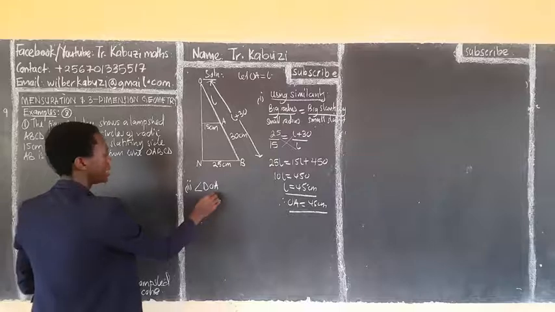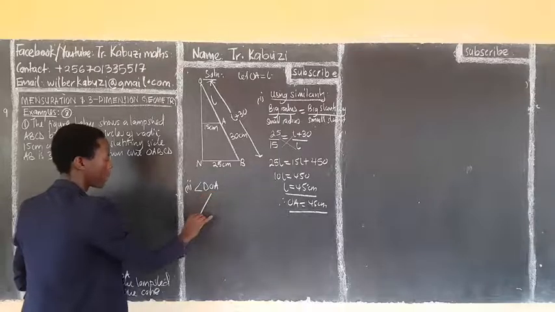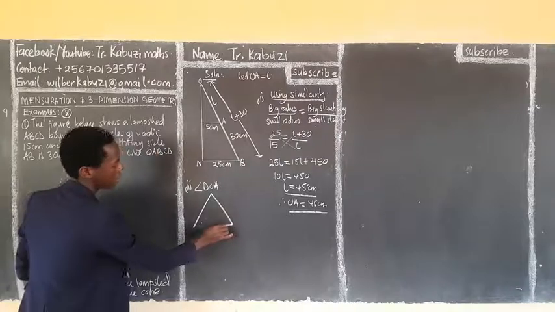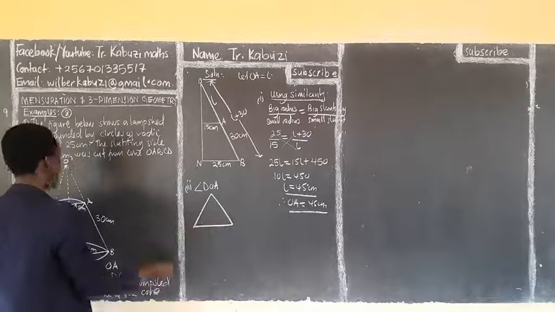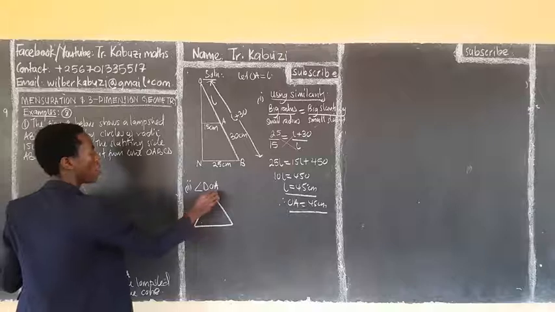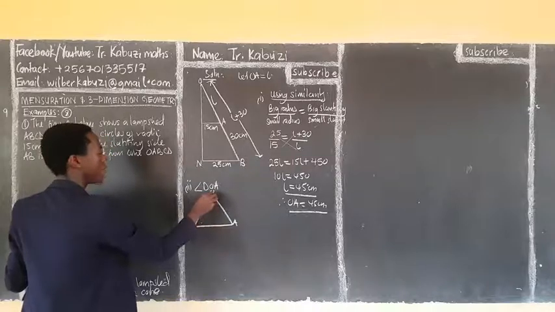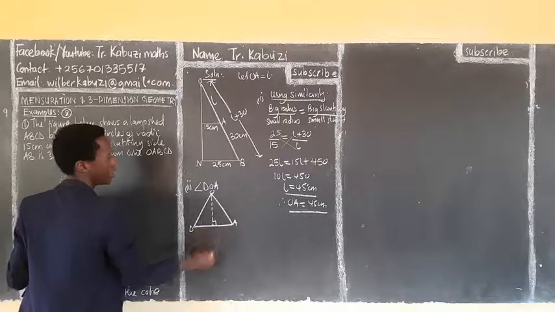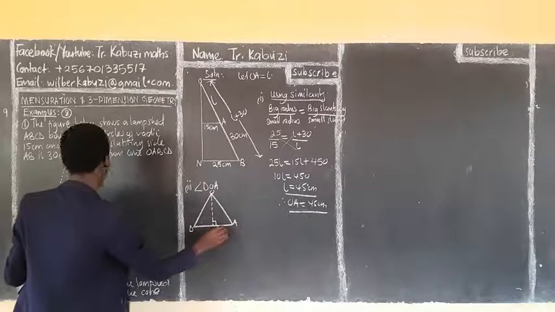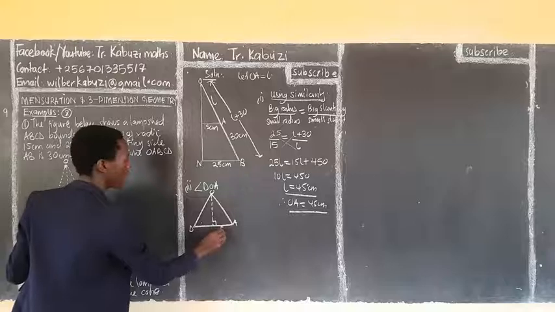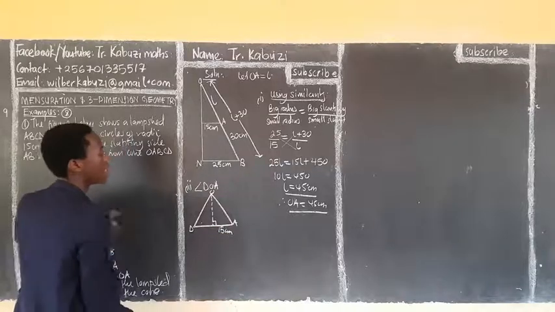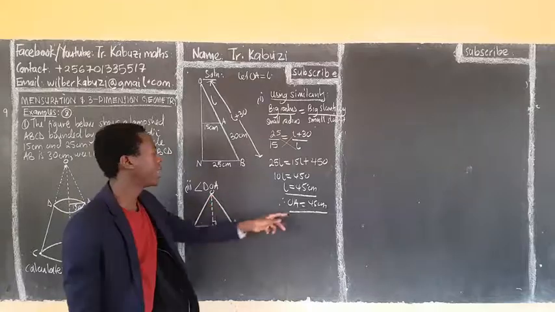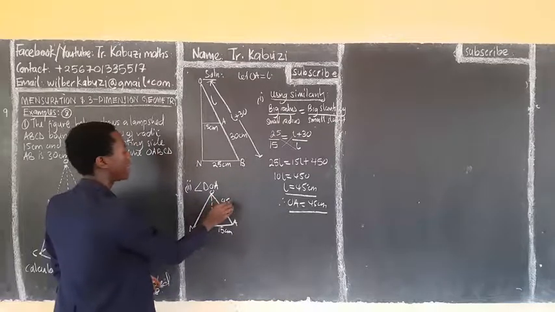Allow me to extract this triangle here, DOA. Now, if I draw a line perpendicular there, this one is going to be my 15 centimeters. Now I have this already, and my OA is here as 45 centimeters.